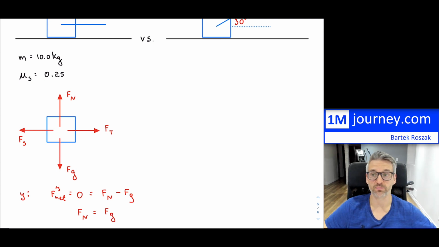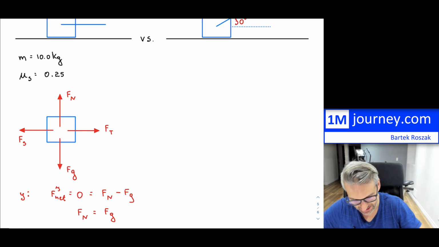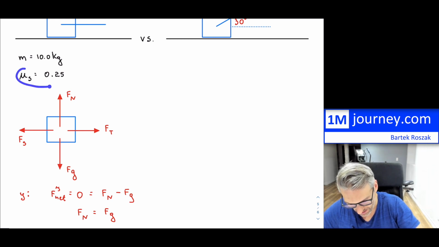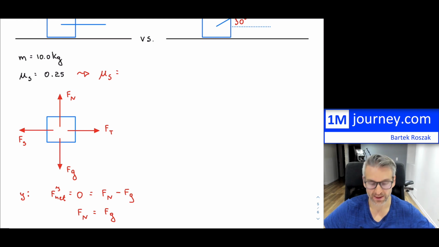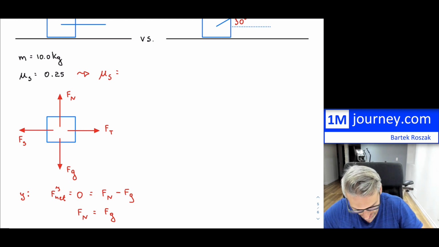Now, why this is important is because of the fact that we do have friction. And if you recall, from friction, the coefficient of friction is equal to nothing else but the maximum force that you can apply before the object starts to move divided by the normal force.